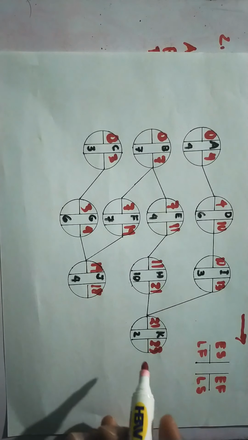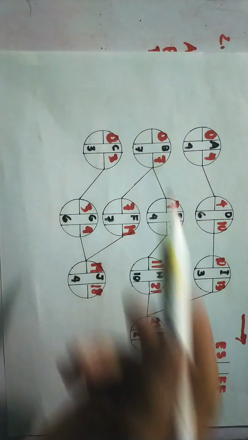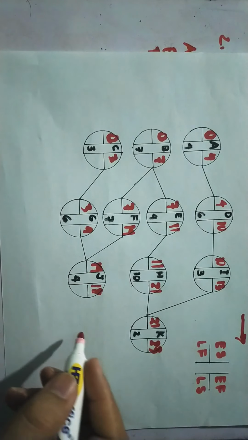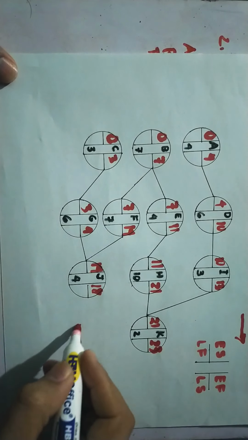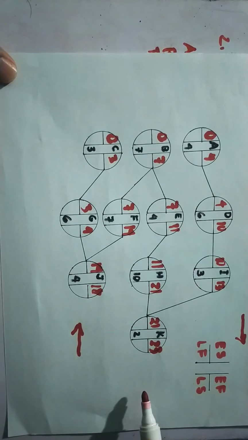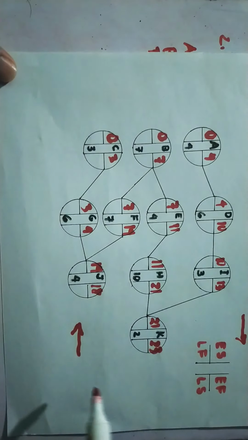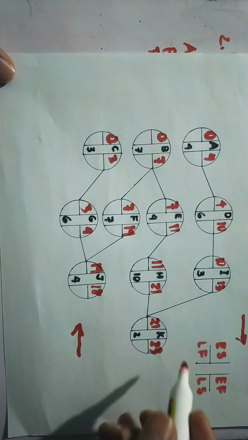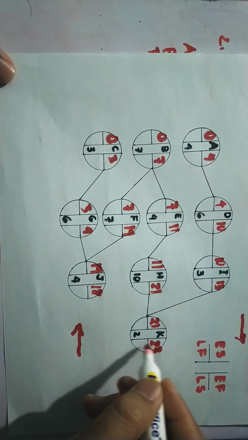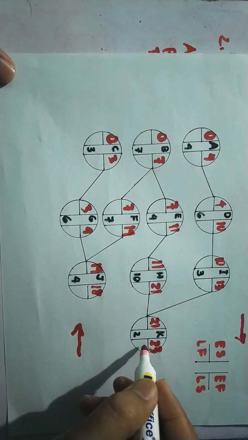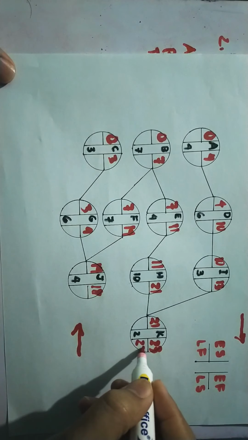And then after that, we will now go backward, so that is backward pass. So backward pass, we have this arrow from this point up to this point. That is, we call this one backward pass. So this is 23. Our LS, the latest start, will be this one. We will just copy that 23, so we have here 23.